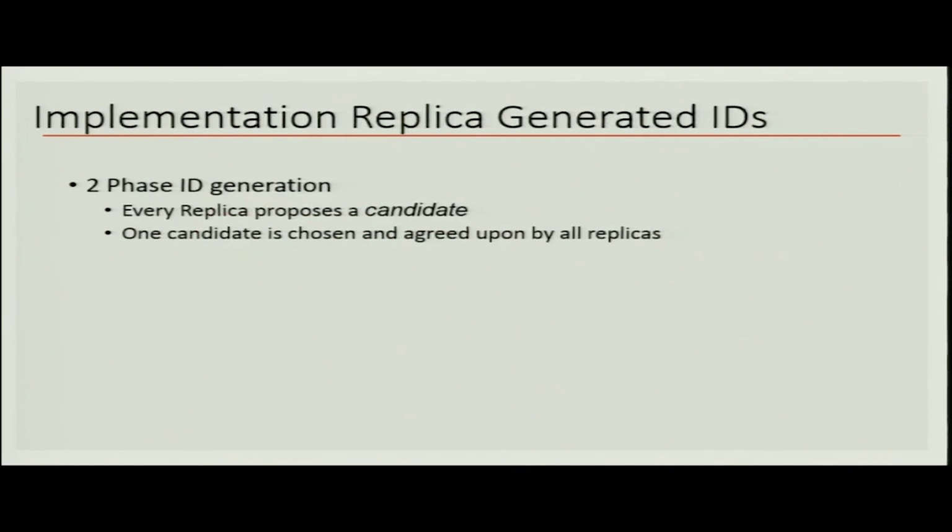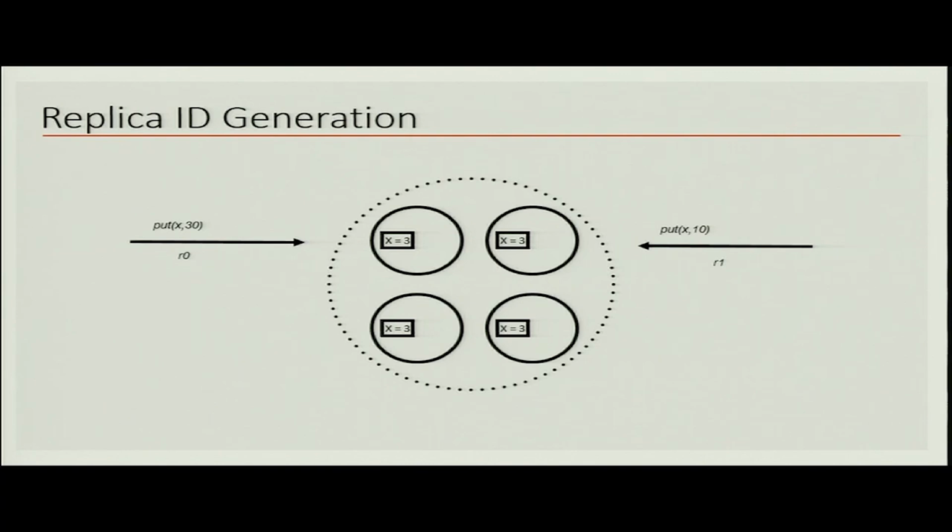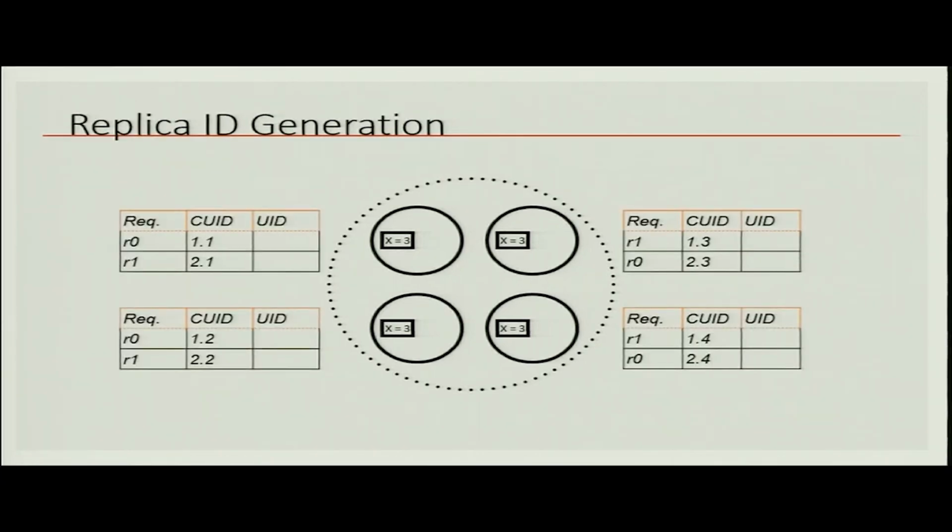There is an algorithm called the two-phase ID generation algorithm that was invented to solve this problem. What you do is generate local IDs first. These are called candidate unique IDs.